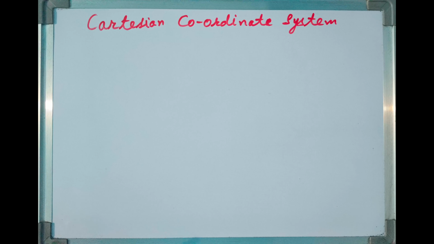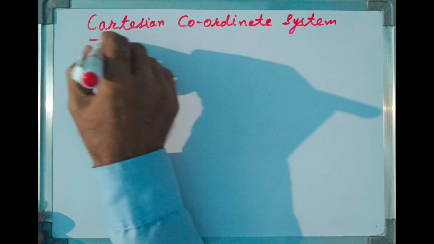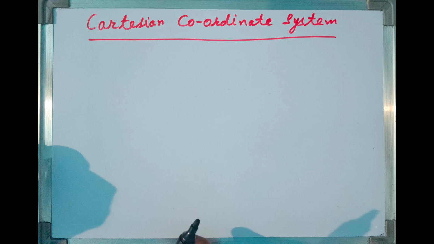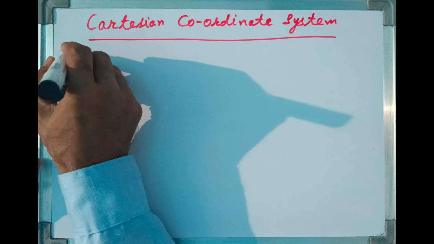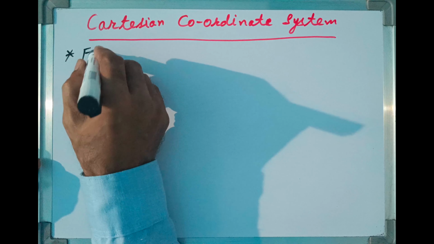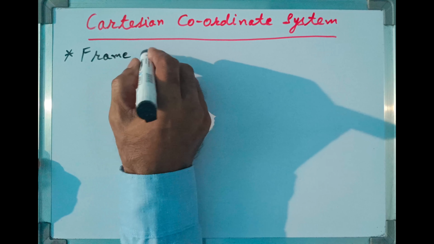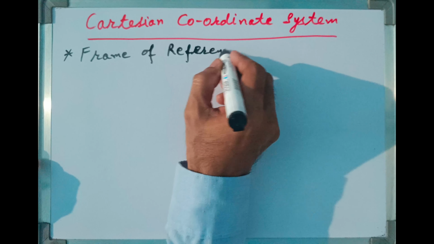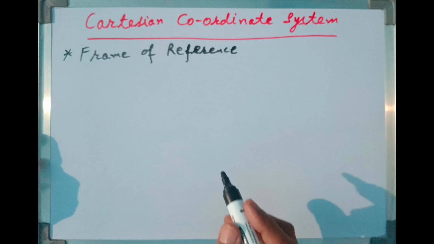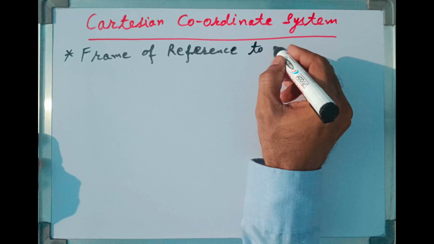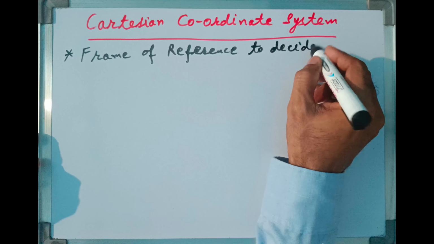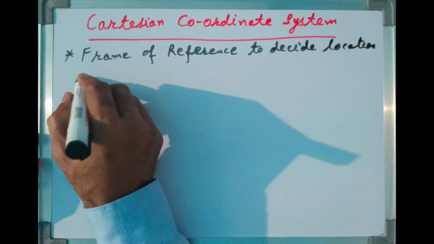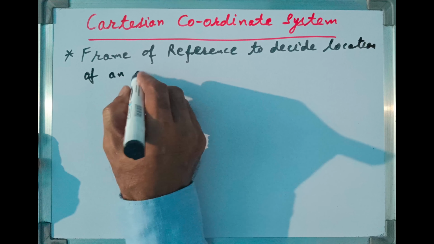In this lecture, I will share the Cartesian coordinate system. First of all, the question is, what is the meaning of this Cartesian coordinate system? It is a frame of reference to decide the location of an object.